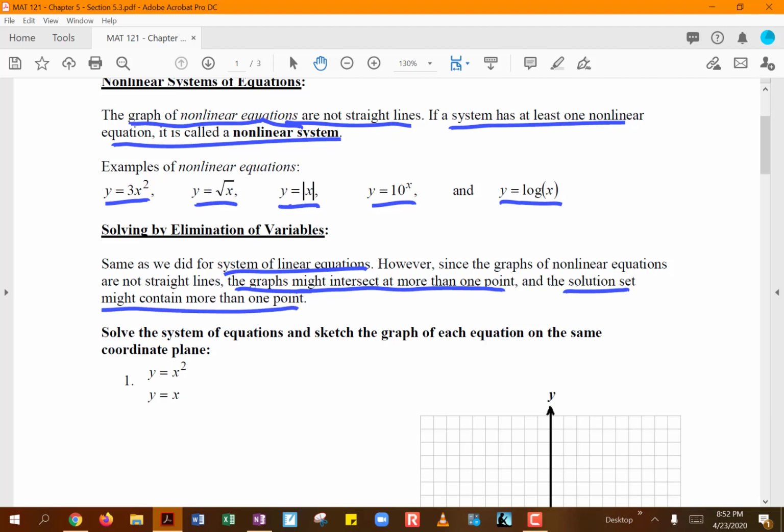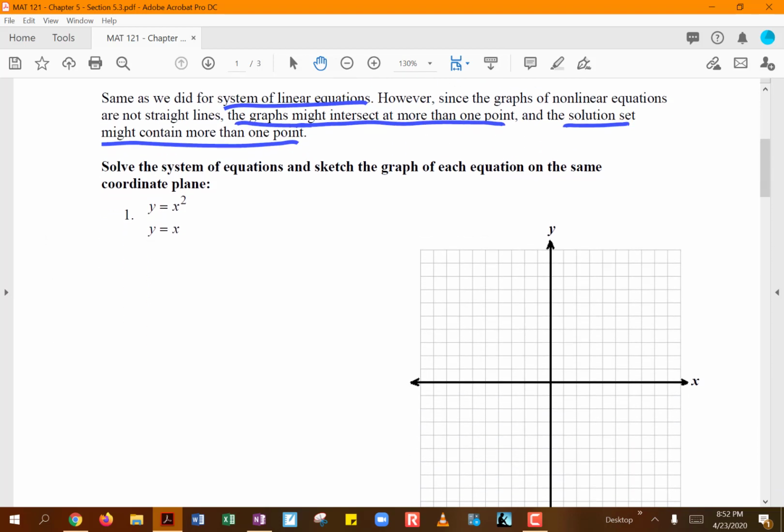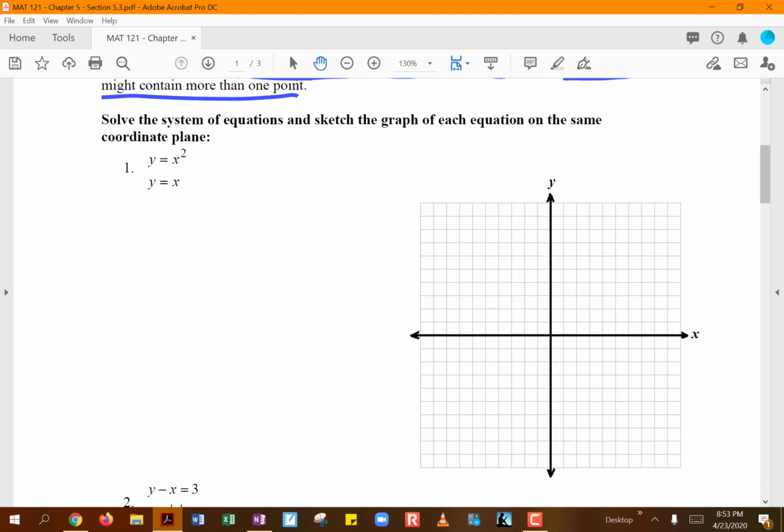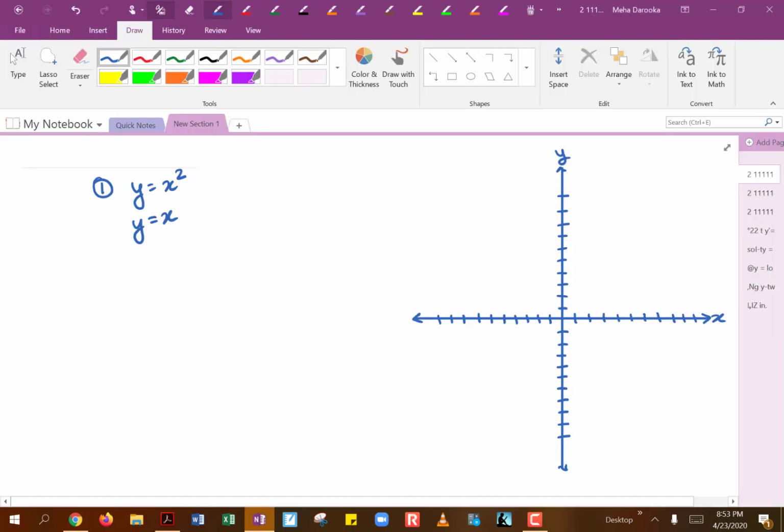So we are actually going to start with the graphing method first. To solve the system of equations, we are going to sketch each equation and then see where the two equations would intersect. So we're starting out with our first example here, y equals x squared and y equals x. So let's take a look at this.